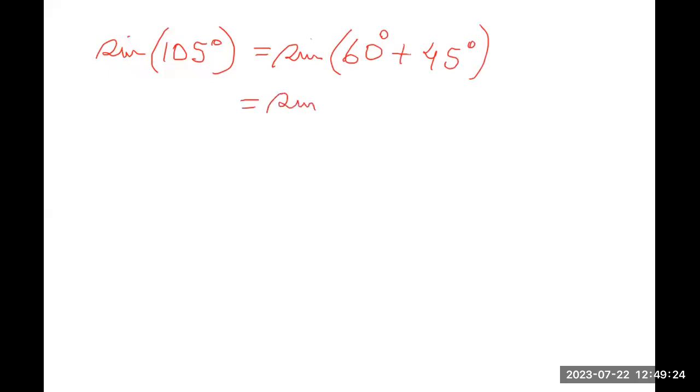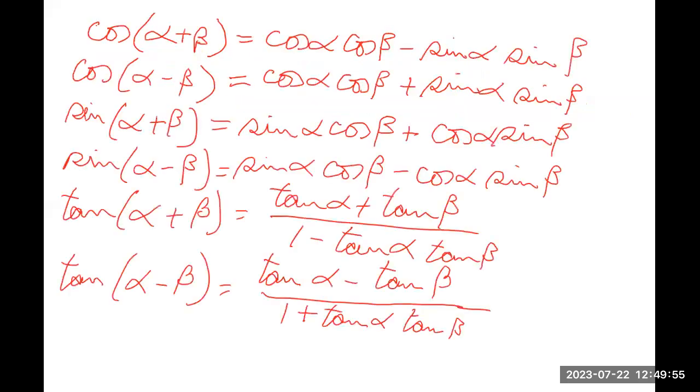So sine 60 cosine 45 plus cosine 45 cosine 60 sine 45. So in those identities that I wrote down, we're using this one.